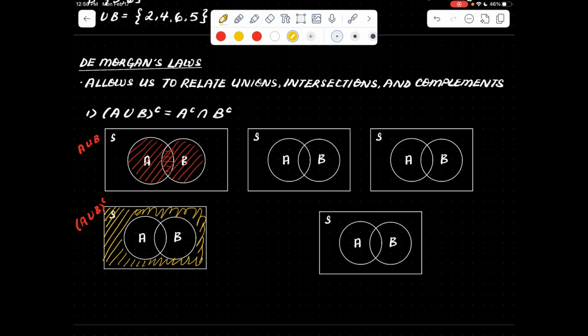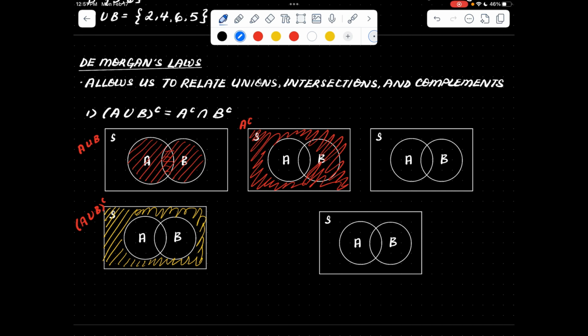Now let's look at the right side of the equation. The complement of A is everything that is not in A, so that red region there.